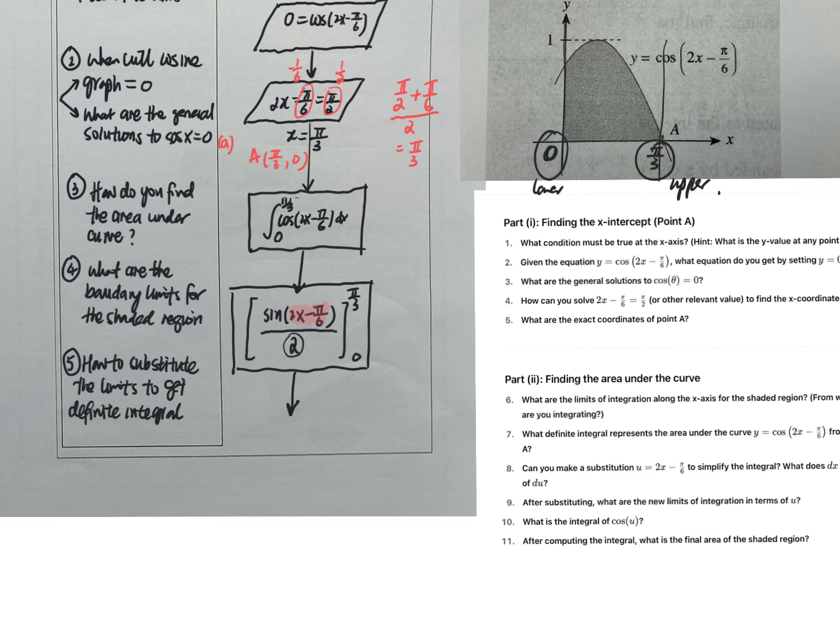Okay, so to get your final answer, you will end up having sine 0, right? Then minus, what is sine pi over 6? 30 degree.